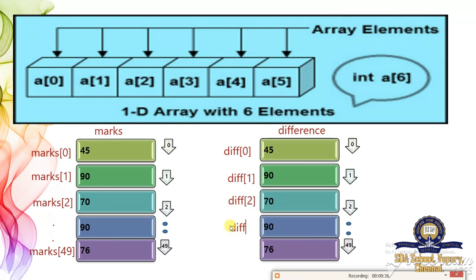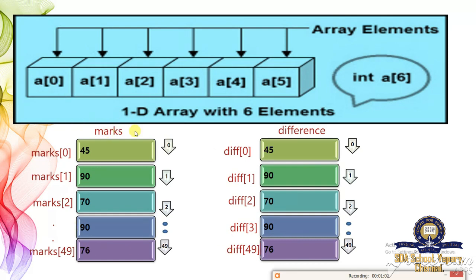To store the fourth element, 3. The index goes up to 50 elements. So the last element ends with n minus 1. So what is the last element? 50 minus 1, 49.